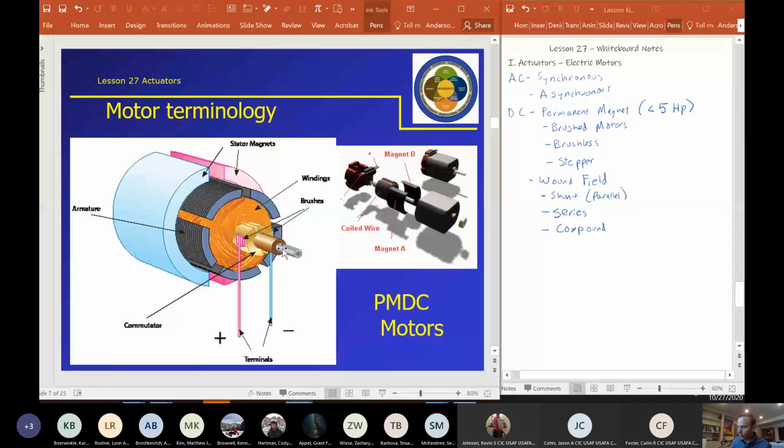Okay, so in general, how does an electric motor work? Well, we've talked about electricity and magnetism and how those interact. Starting over here on the left, if we have a permanent magnetic field generated by north and south poles of magnets, the magnetic field line is running from north to south. Then we have a wire, and we pass current through the wire.